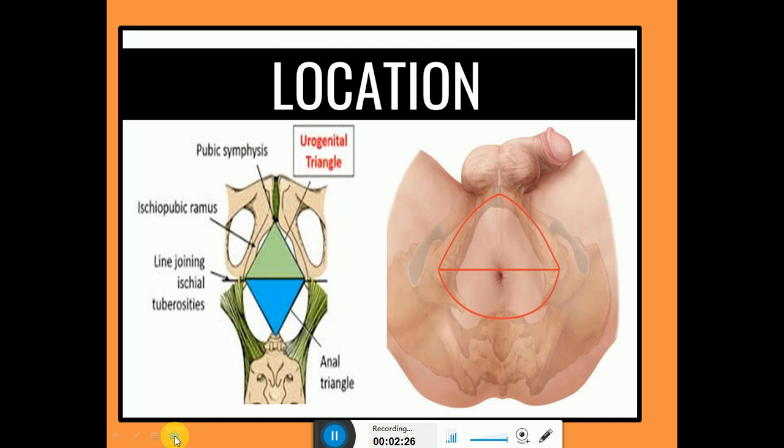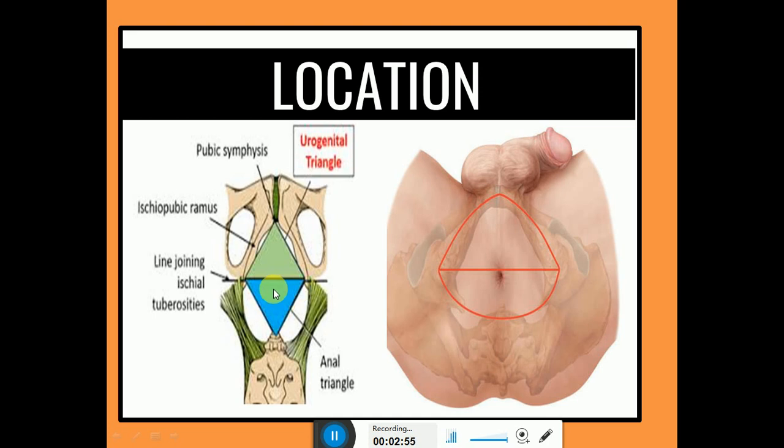In the lithotomy position, we can visualize both the triangles. This is symphysis pubis, this is sacrum and coccyx. This is the line we have drawn which is joining both the ischial tuberosities. Anterior to this there is the urogenital triangle, and posterior to it there is the anal triangle.